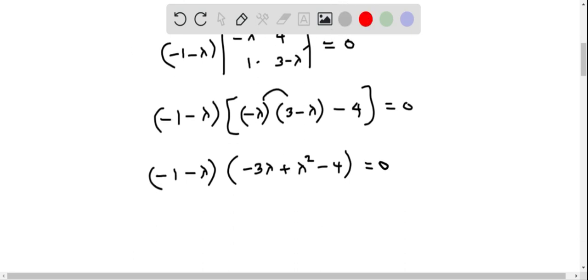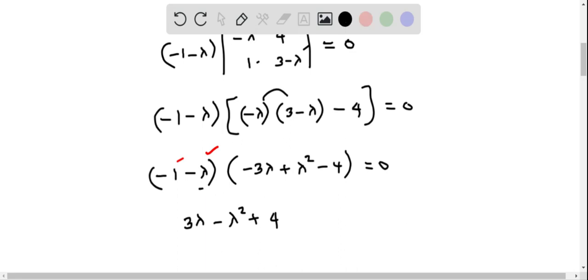So here we have to do the distribution. First, I distribute this negative 1 with all the terms inside the brackets. We just have to flip all the signs. So it will be 3 lambda minus lambda squared plus 4. We then multiply with negative lambda each of the terms inside the brackets.